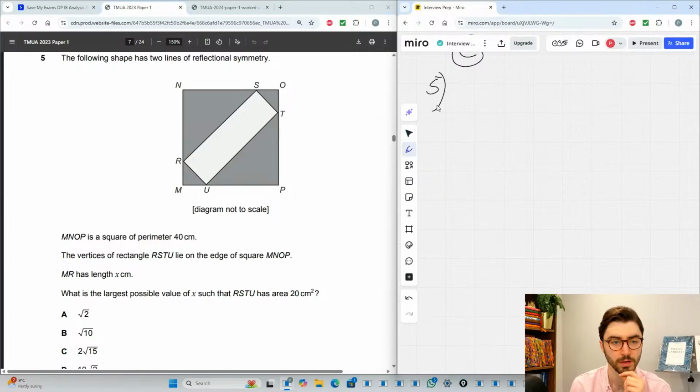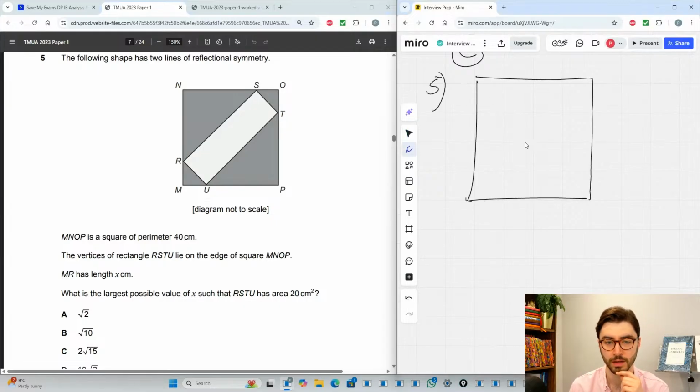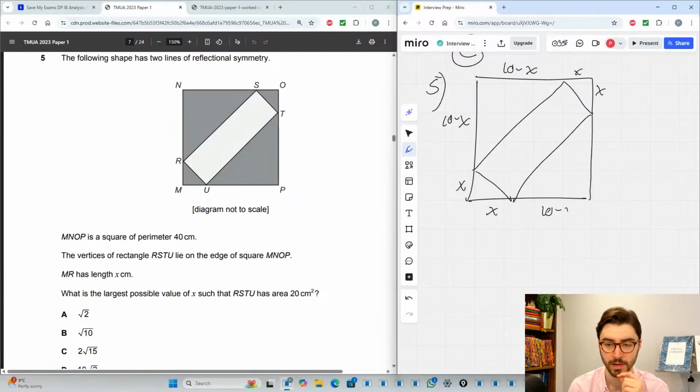So let me draw it out myself, as you would in the real thing. So that is x, which means that is x, which means that's 10 minus x, 10 minus x, x, x, 10 minus x, 10 minus x.